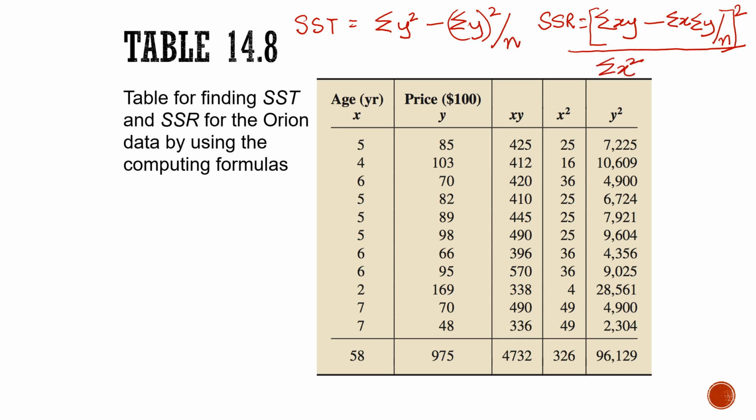It's actually whatever the SST is, except that instead of y, we use x. So instead of sigma y squared, we write sigma x squared in the denominator for SSR, minus sigma x whole squared divided by n.